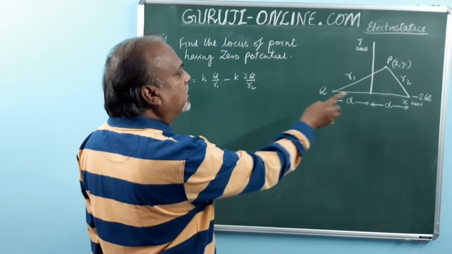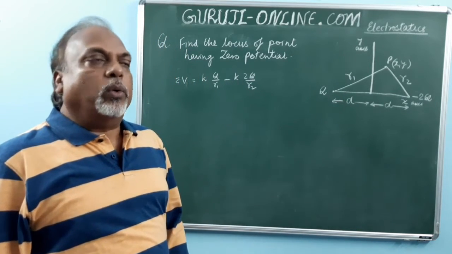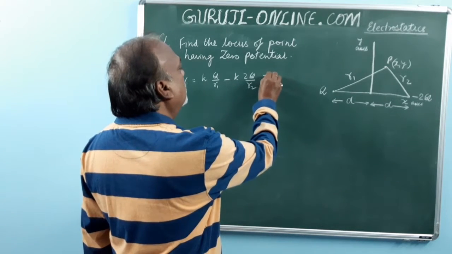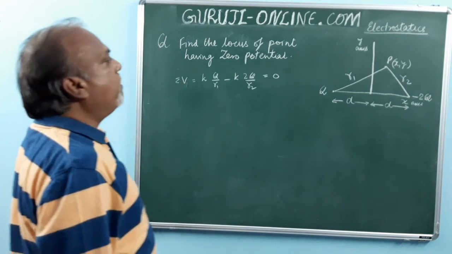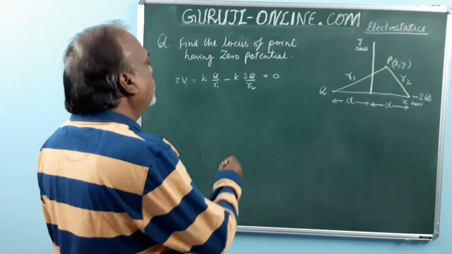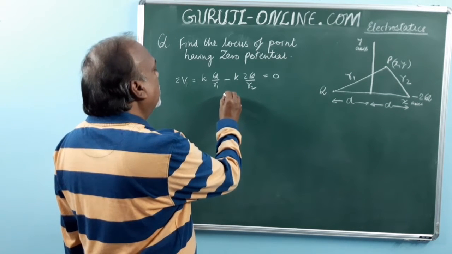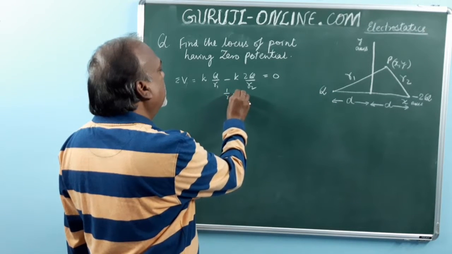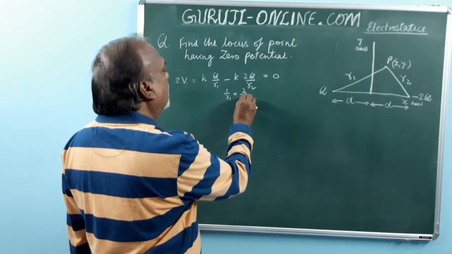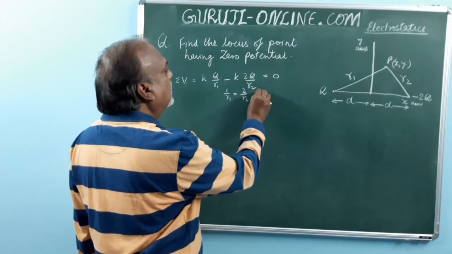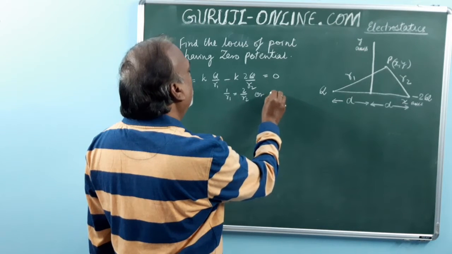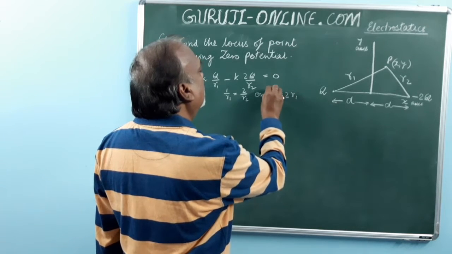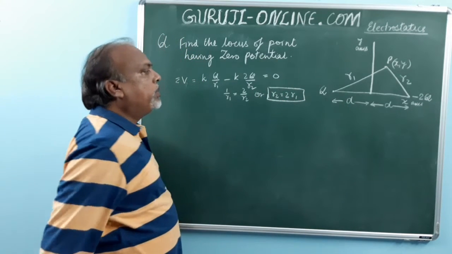Because the minus sign is because it is minus 2Q. Here we are assuming that this is 0. So naturally, 1 by R1 must be equal to 2 by R2, or this will give you R2 is nothing but 2R1. Correct?